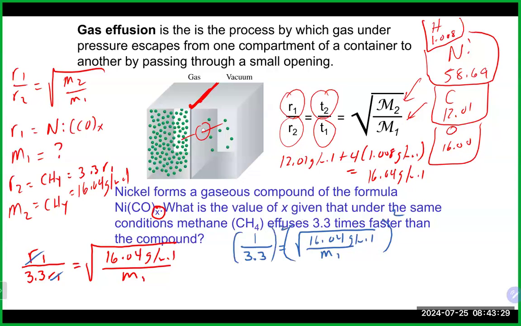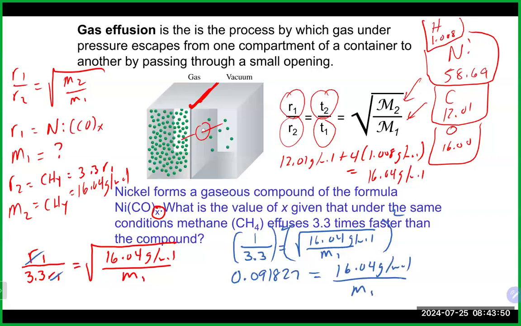If we square both sides, 1 divided by 3.3 and then squared, on my calculator will give us something like 0.091827, equal to 16.04 over M1, since squaring gets rid of the square root on the other side.